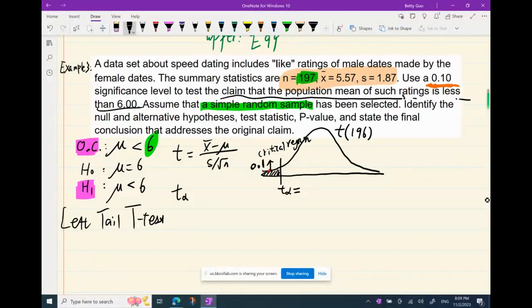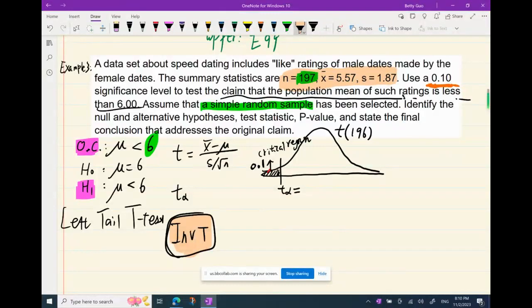Okay, so how do we find the T alpha? I need to show you this, so we really need to do this at least one time. We are going to use the inverse T function in a calculator. Let's go to the calculator. Turn on the calculator and go to second vars.